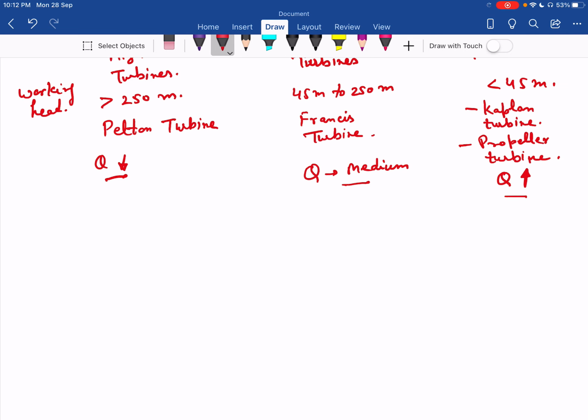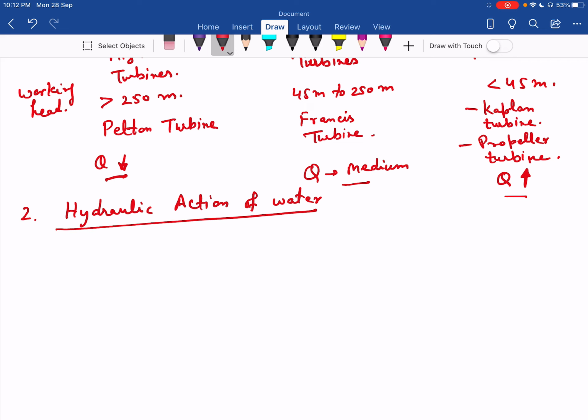The second classification is on the basis of hydraulic action of water. On this basis, we have two types of turbines.